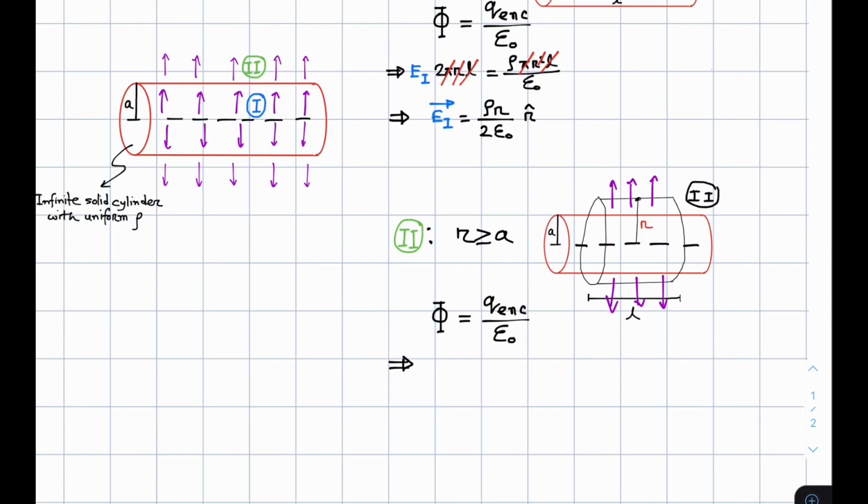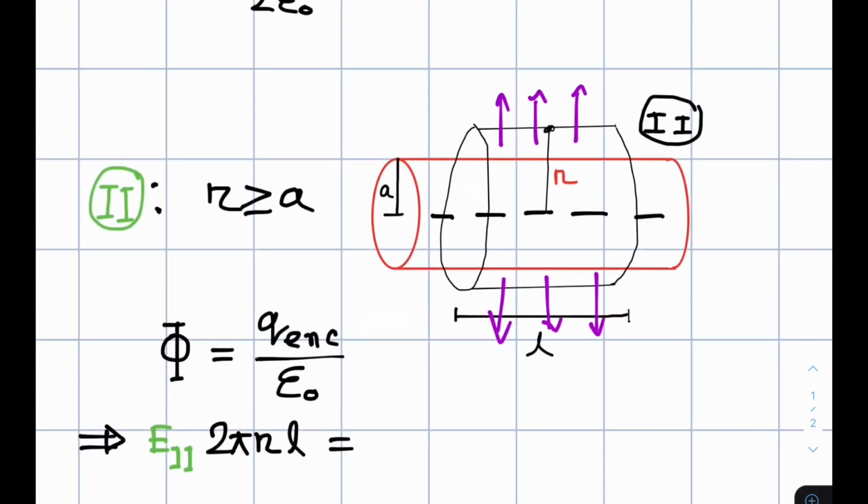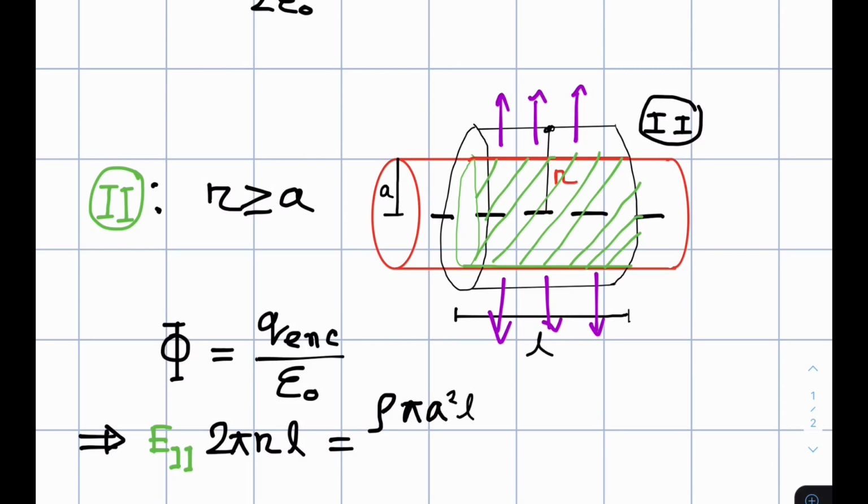Well, it is the electric field here, which we denote by E2, times the area of the curved surface, which is 2 pi r L. And what is the enclosed charge? Well, here the enclosed charge is the charge of this shaded region of the cylinder, which is charge density rho times the volume of the shaded region, pi a squared L, and the whole thing is divided by epsilon naught.